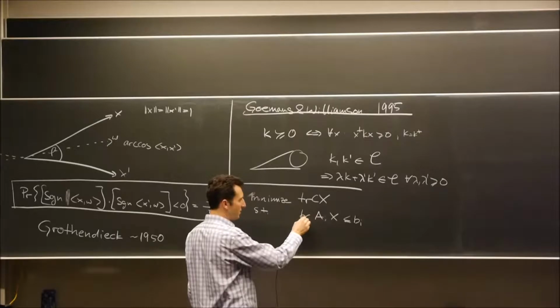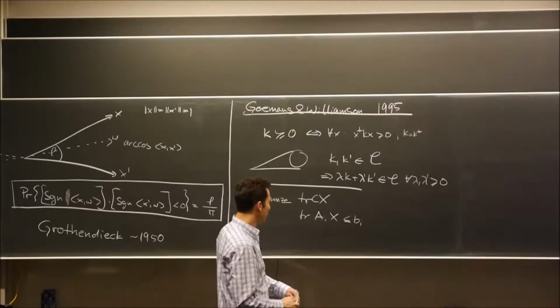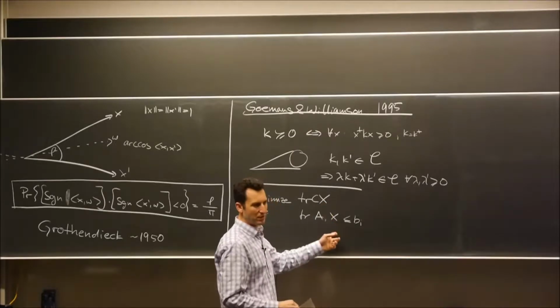So far, this would be a linear program, right? Because I haven't imposed any constraint on X yet. I've just written it in a funky way.